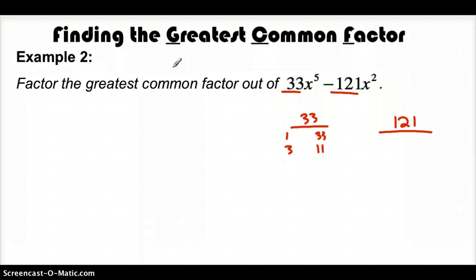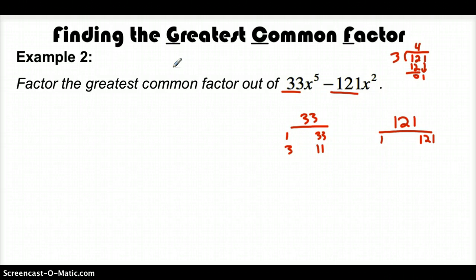Now 121, obviously we have 1 and 121. 2 will not work. What about 3? Let's see if 3 might work here. 121 divided by 3: 3 goes into 12 four times, then it's 0, and 3 doesn't go into 1, so we're going to get something messy here.